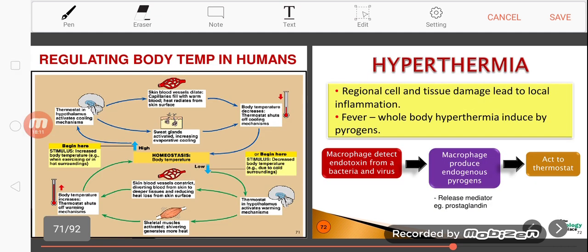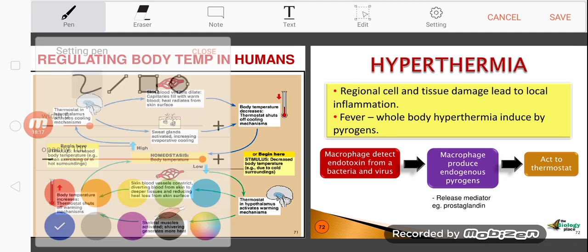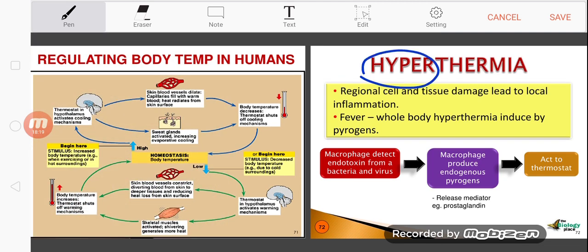Okay, I'll continue a little bit more about hyperthermia. Hyper is excessive or higher. Thermia means thermal, so hyperthermia is high heat, high temperature. Fever is one example of hyperthermia.